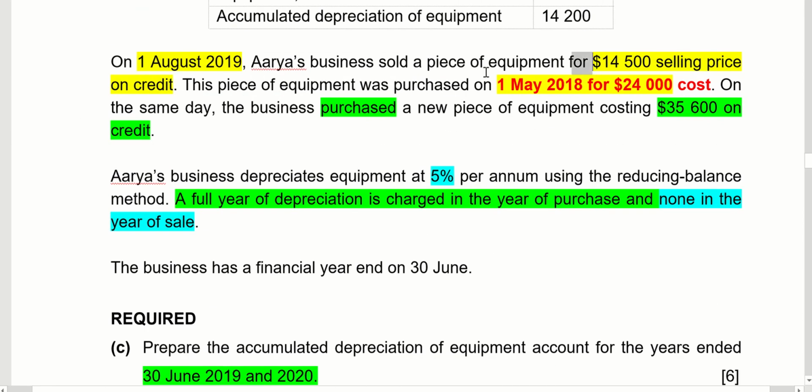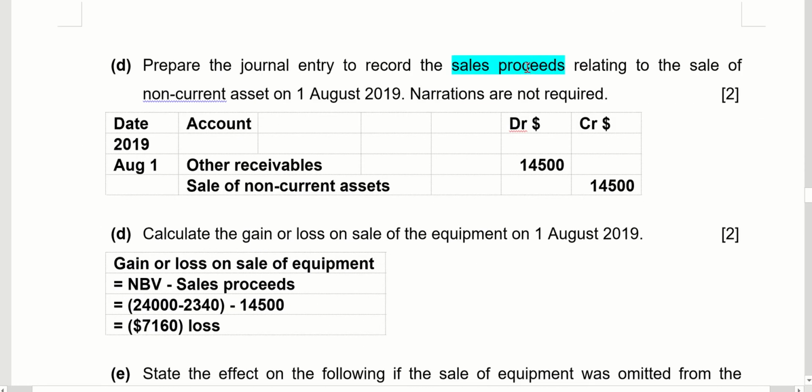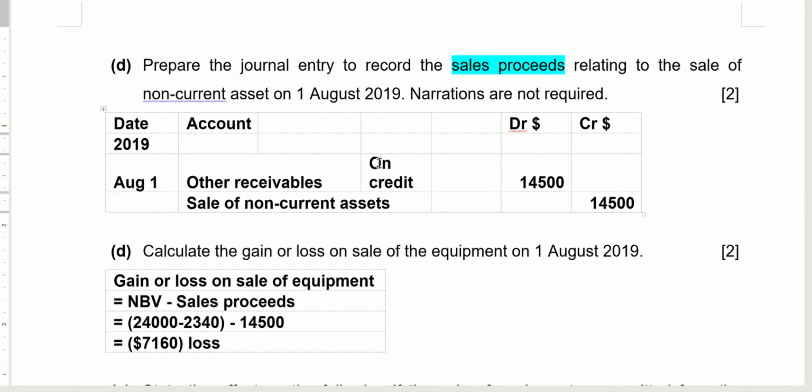You sold it for $14,500 on credit. So your double entry: you debit other receivables, because it is on credit, and you credit sale of non-current assets.